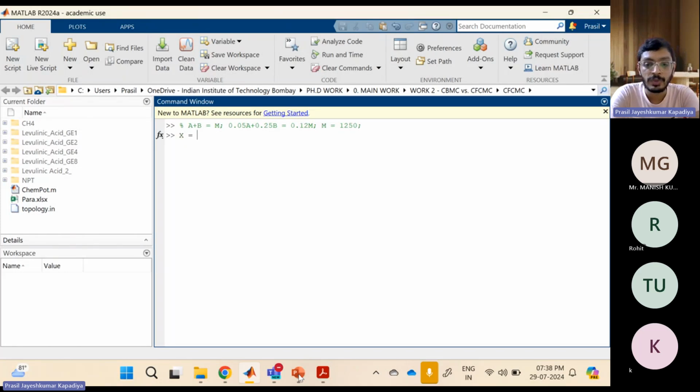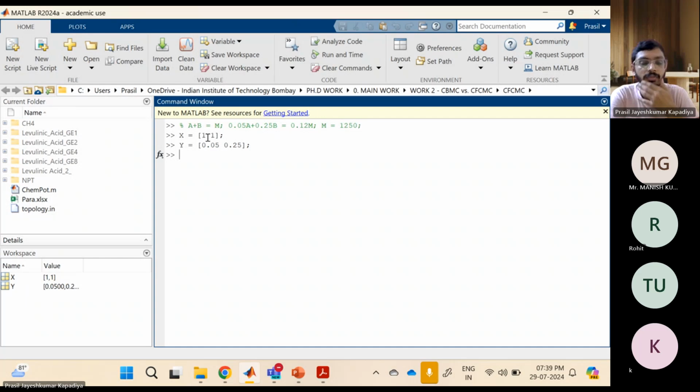So X is equal to, I will write down the coefficients of my first equation. The coefficient of A is 1 and the coefficient of B is 1, and I am closing it. In my second equation, y is equal to 0.05, then 0.25.